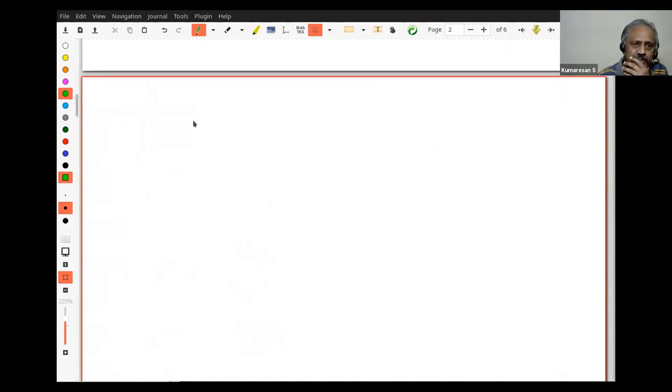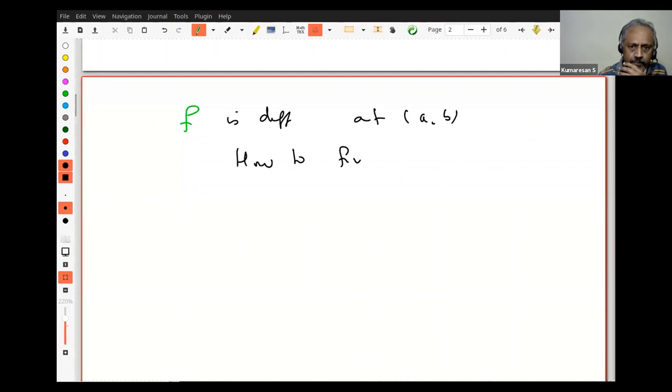So let us assume f is differentiable at (a, b). Let me change the color. How to find C1, C2 from the definition? Now what are C1, C2? They are the coefficients of the first degree polynomial C1 (x minus a) plus C2 (y minus b).